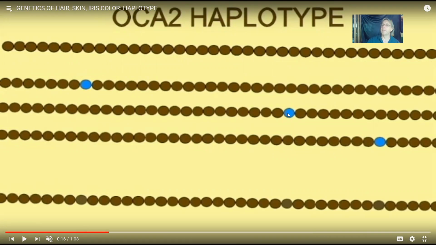Some individuals with this position might have blue eyes. Same thing here, but those who have the greatest likelihood of having blue eyes now have all three of those. So very often when we deal with mutant alleles or variant alleles, we're not just talking about one change. We're talking about potentially a series, which combination you have. And thus we use the term haplotype. So this would be a haplotype having these three specific changes in those three positions.